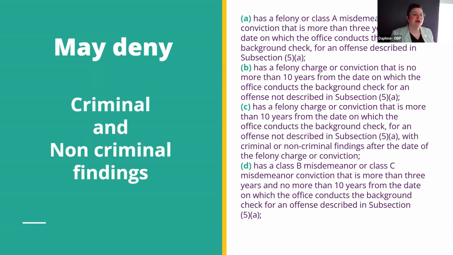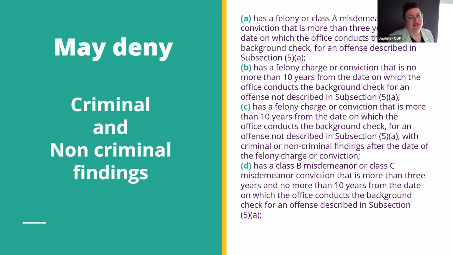So here, really, these are what we consider our criminal and non-criminal findings that we might deny for. These are things outside of the 3-year time period that we are statutorily required to deny for, that we will review.